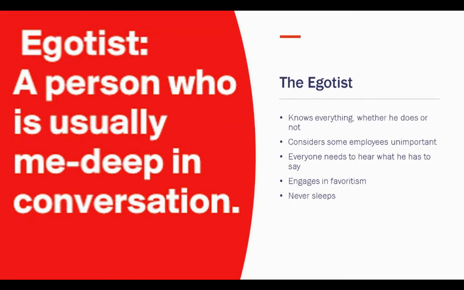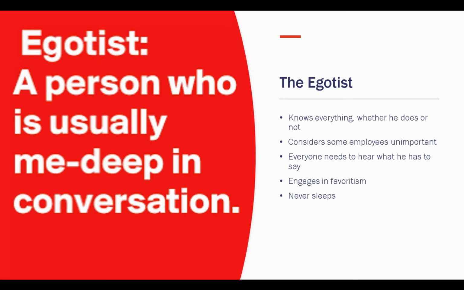The egotist believes he knows everything about how to run the department, regardless of whether he actually does or not. He surrounds himself with others who believe exactly as he does, resulting in a small army of himself. He rules from his office, rarely venturing out to check on his various divisions, not because he thinks they're running like a well-oiled machine, but because he doesn't think that they're important enough.